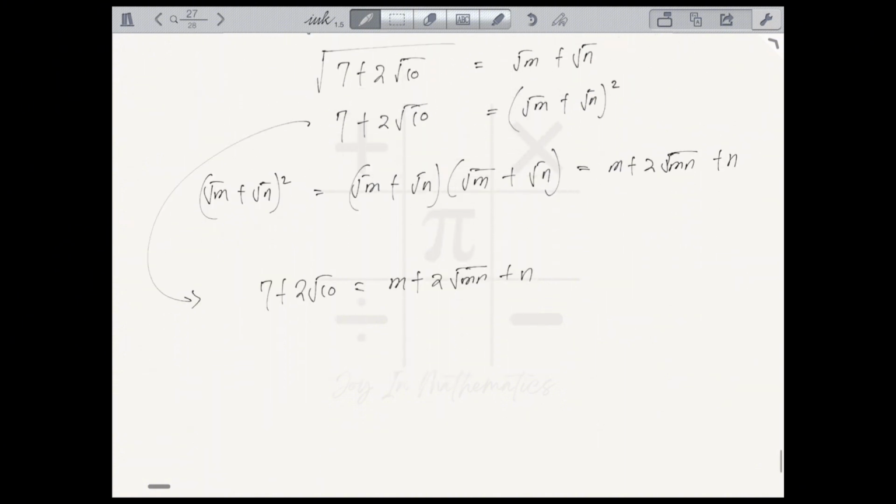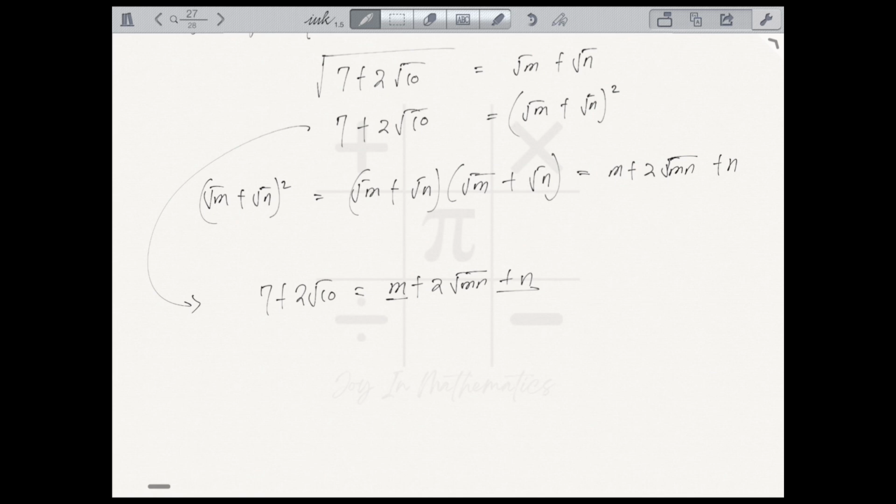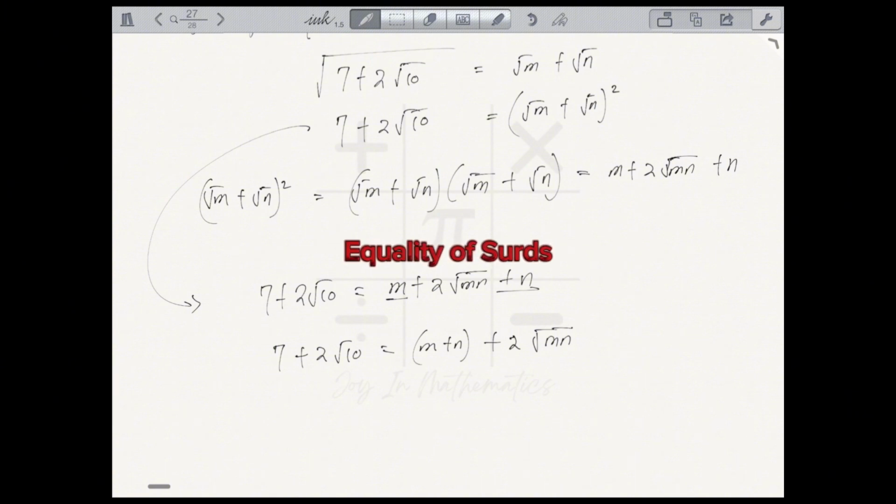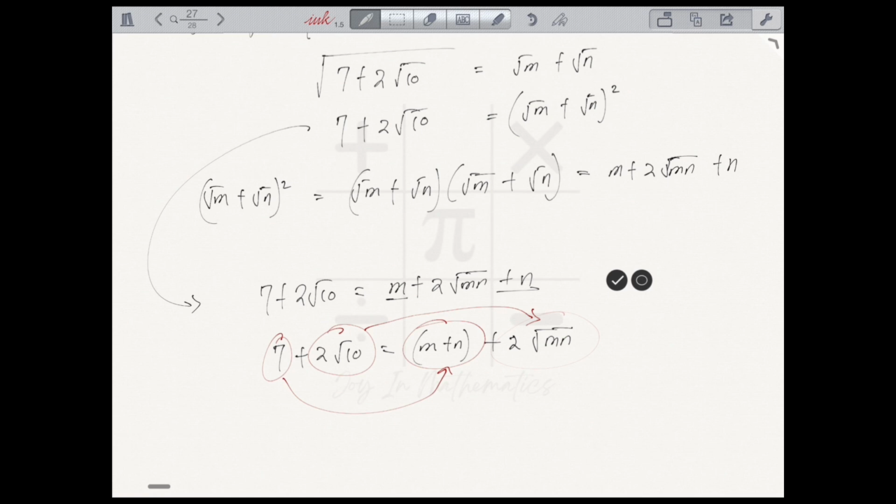Now I can collect like terms and say m and n come together and the square root stays at one end. So that means 7 plus 2 root 10 is equal to m plus n plus 2 root mn. Now with this done, we can evaluate the equality of surds, where we say the whole number is equal to the whole number, the surds is also equal to the surds.